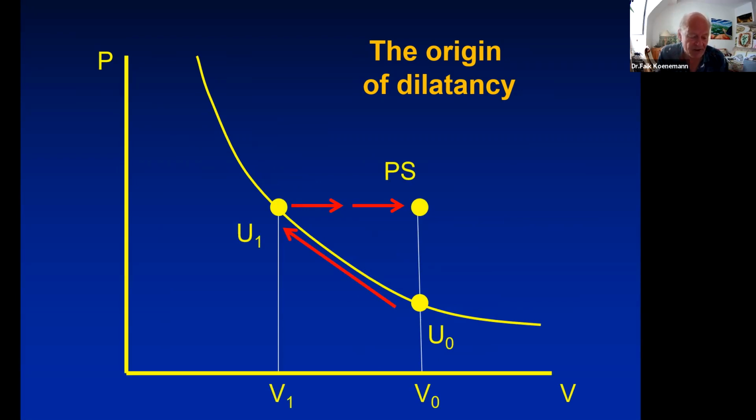The two shear dilations by system upon the surrounding and by surrounding upon the system have the same effect. The system expands, and it expands for pure shear precisely to the original volume V0. Note, however, that the reference state is not U0, but U1. The reference equilibrium volume is therefore V1. At V0, the system is now expanded.